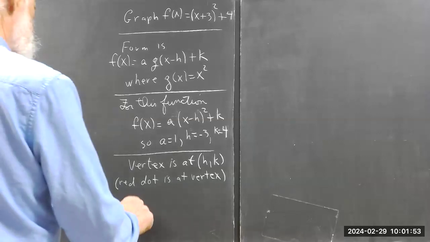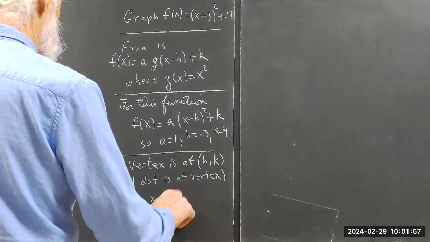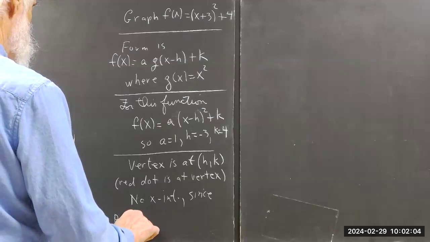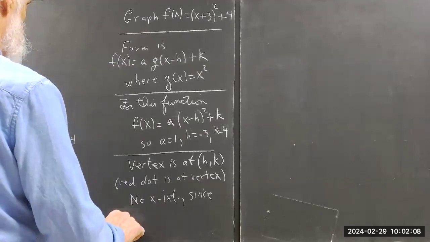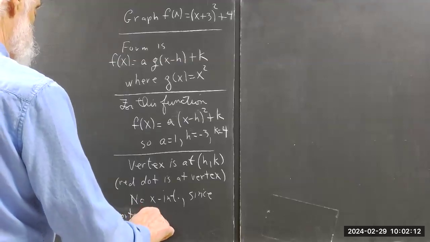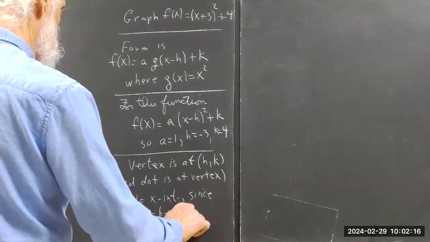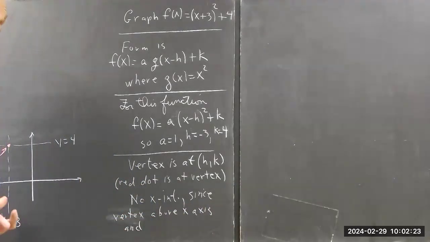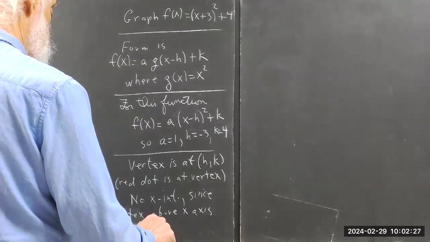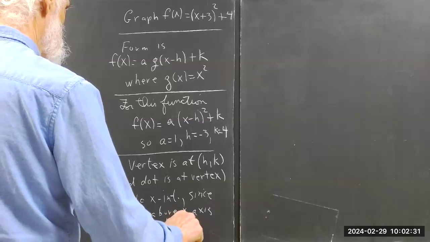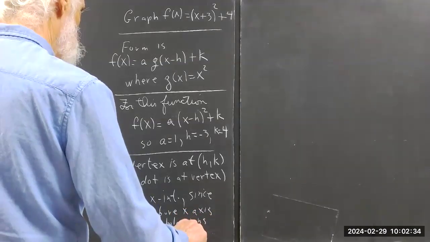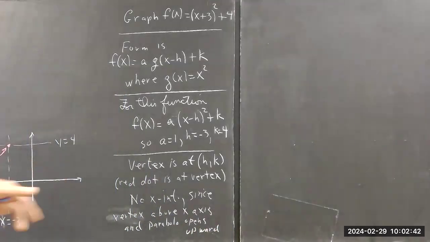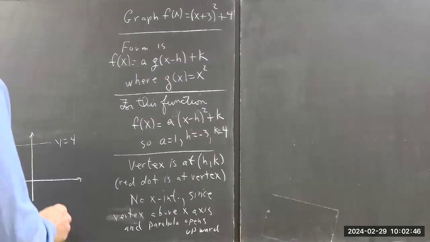If we have no zeros, if no x-intercept, since the vertex goes above the x-axis, and the parabola opens upward, so it can't cross the x-axis, so no x-intercepts. So we find the y-intercept.